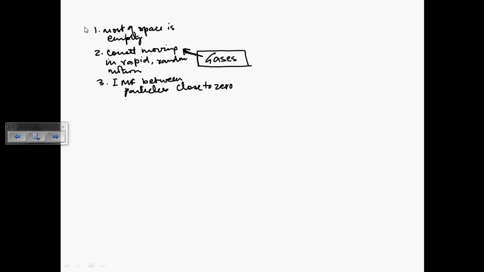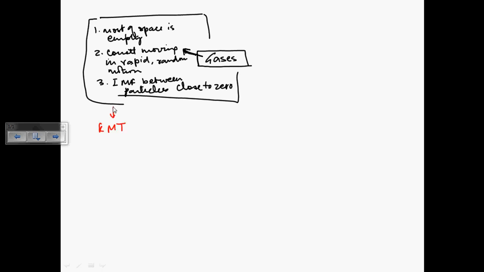Okay, and these describe the properties of a gas. All these postulates come from a theory which is called KMT, or Kinetic Molecular Theory of Gases. Kinetic Molecular Theory of Gases gives a theoretical basis for explanation of behavior of gases.